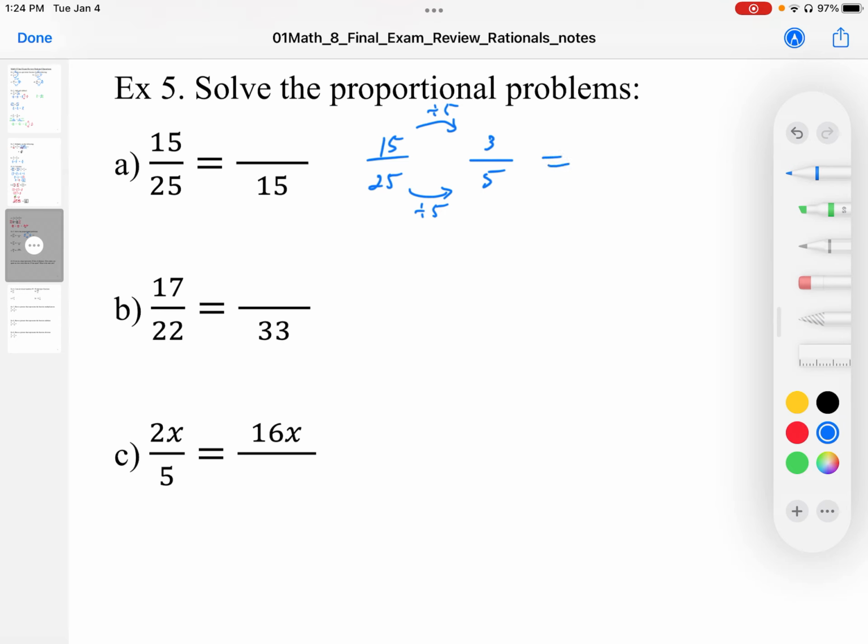And then to get the equivalent fraction over 15, I know that I can times by 3, and do it in steps. And I can get my answer of 9 over 15 that way. In either case, we get 9 over 15.